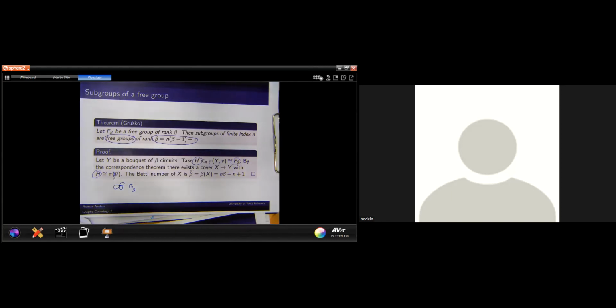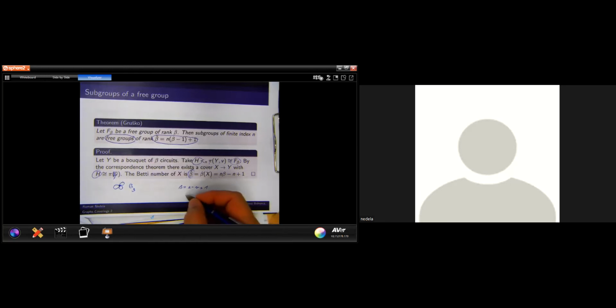And then we just count the Betti number of the cover. So what is the Betti number of the cover? Of course, what is beta? Beta is E minus V plus 1.